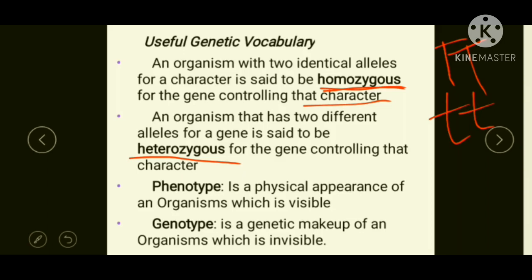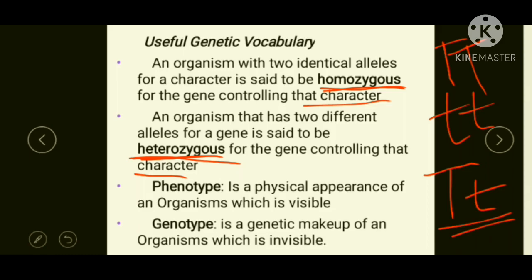And the organism that receives different alleles for the gene controlling that character is known as what? Heterozygous. That means, for the character of plant height, an organism is receiving tall and short. This is what? Heterozygous allele or heterozygous gene.